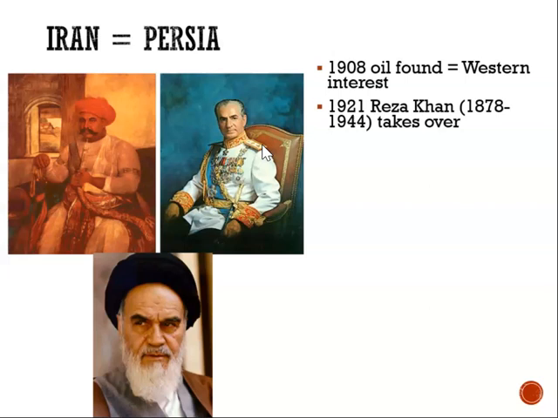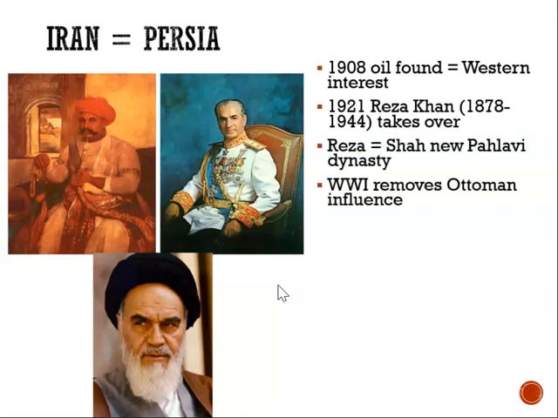So in 1921, the guy pictured up here, Reza Khan, will come to power in Iran, backed by Western allies like Britain and also by Russia. He's going to take over and set up a new dynasty called the Pahlavi dynasty.